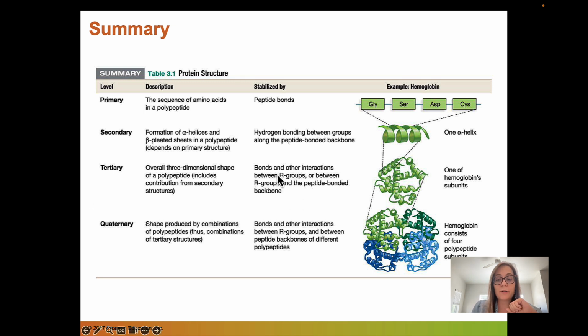Bonds between R groups, or R groups and the backbone, help the protein take on its three-dimensional shape, and that's the tertiary structure. Finally, some proteins are produced by combinations of polypeptides, again held together with bonds between R groups or R groups and the backbone, and that's the quaternary structure.